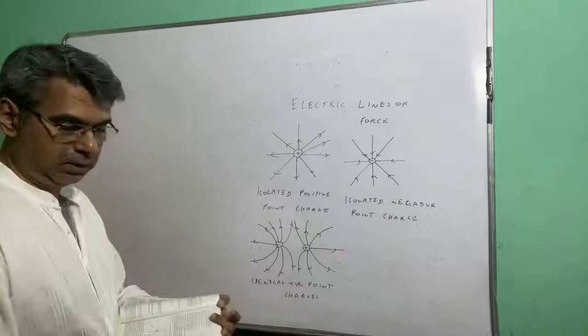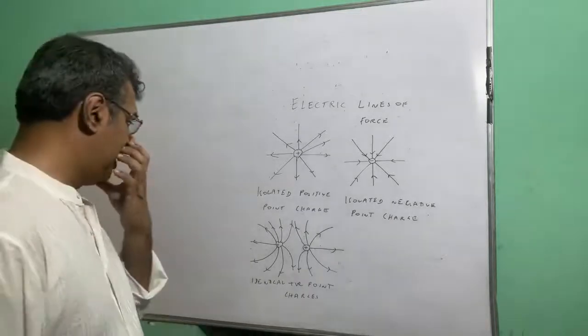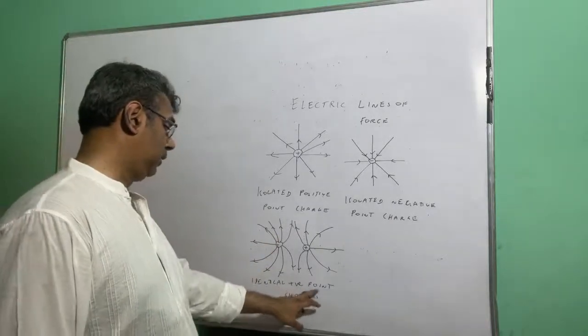Then we come to the third diagram. This is the third diagram, identical positive point charges.